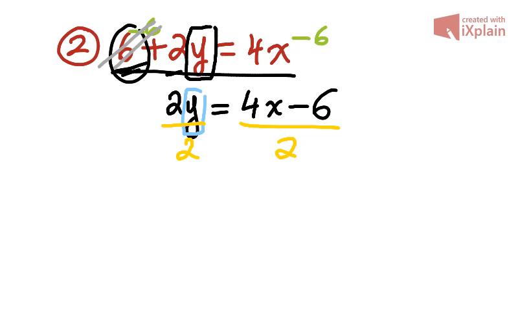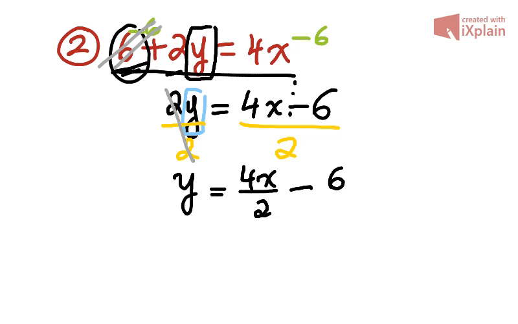And I say both sides, it's not just one term or another, both sides, everybody. So on the left hand side the 2's disappear, and on the right hand side we can break this fraction apart because we know 4x is sitting over 2, but we know that the 6 is also sitting over 2.